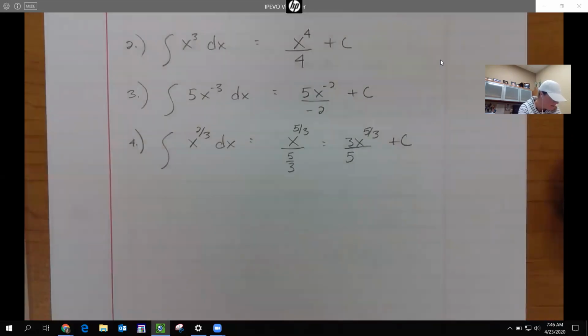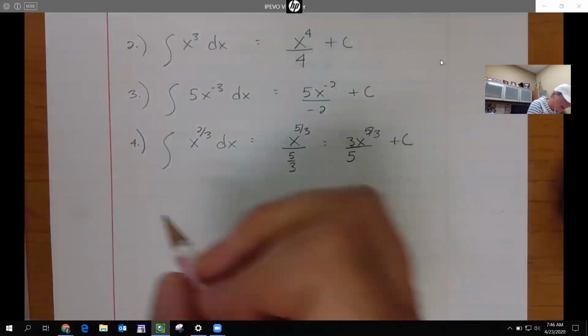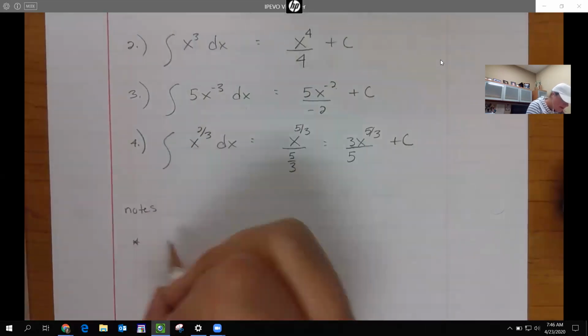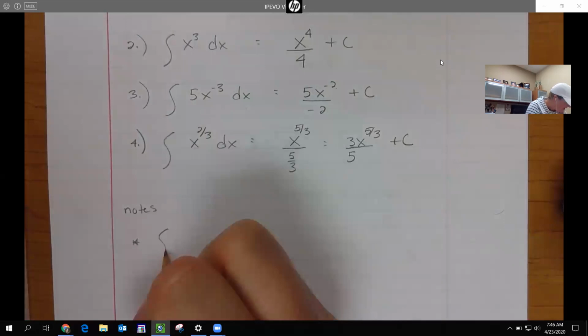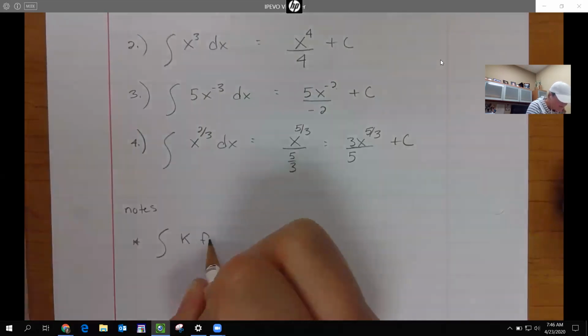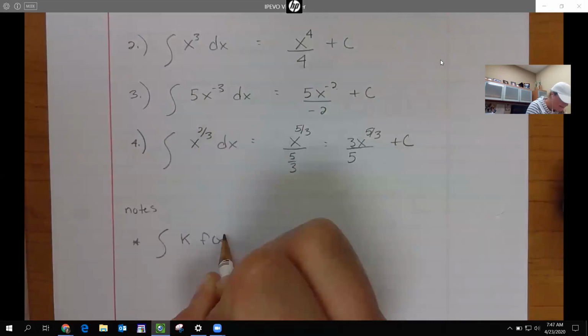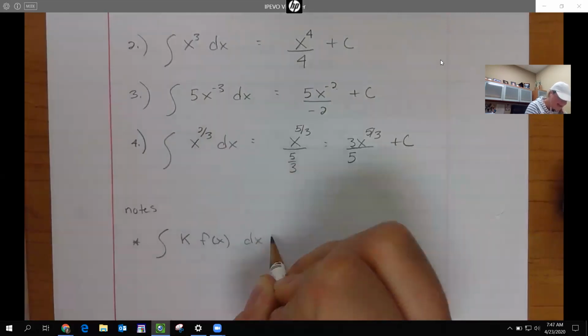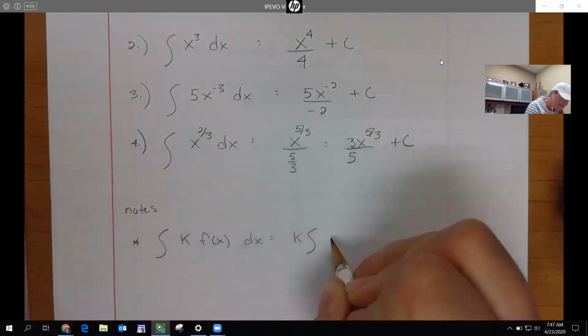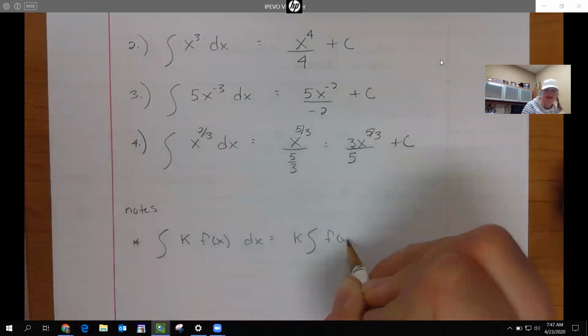Okay, so those are the basics. A couple other rules or notes that we want to make sure we have is, this is like my 4th one here, if I have a number times my function in here, dx, I can take that number out front and then just deal with what's inside.